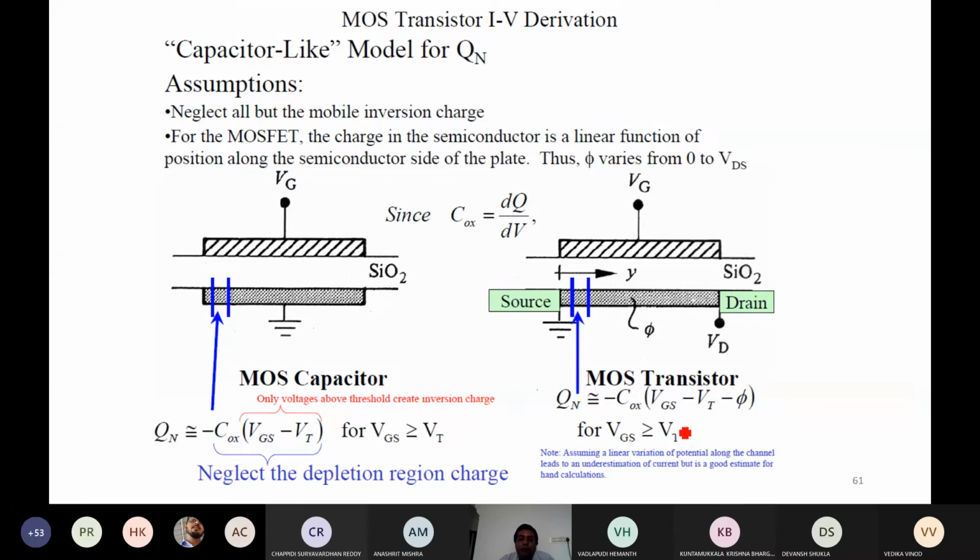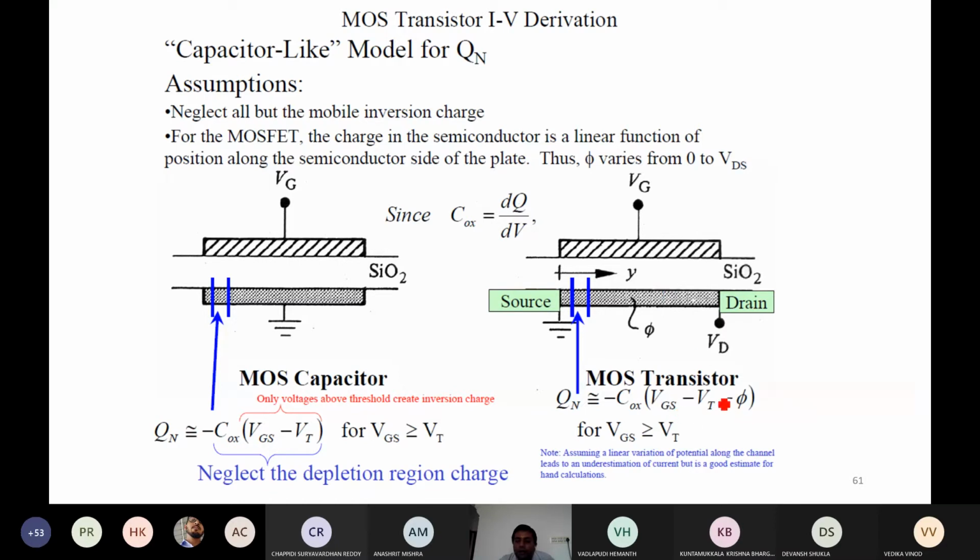This is the situation. Then we have already defined COX: the gate oxide is there, and whatever capacitance is created, that is the capacitance per unit area. It is not the actual capacitance, it is per unit area. So capacitance per unit area, we are multiplying with the actual voltage which is available. So VGS minus VT minus phi. This is the actual voltage available here for further calculation.